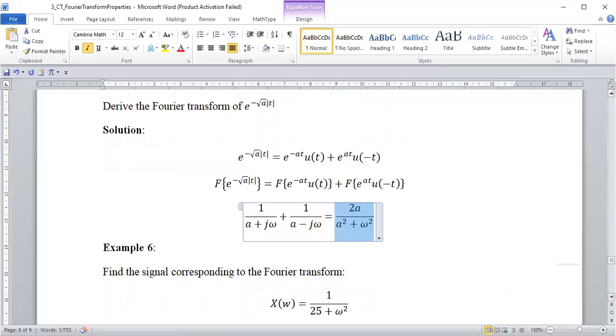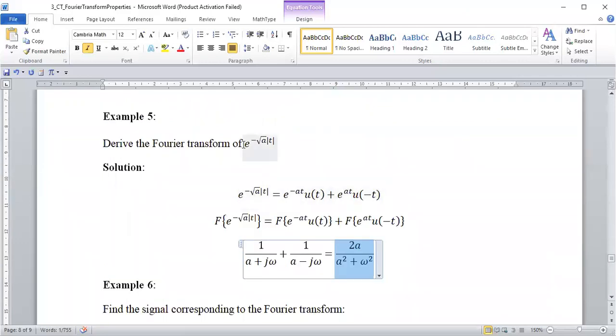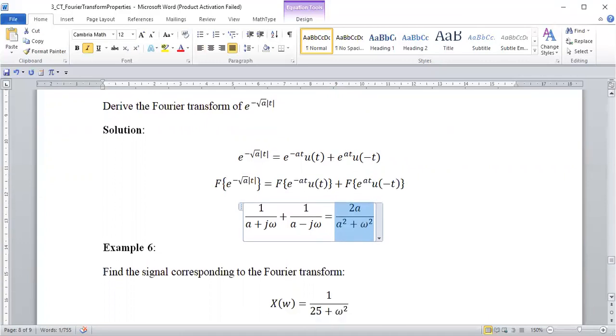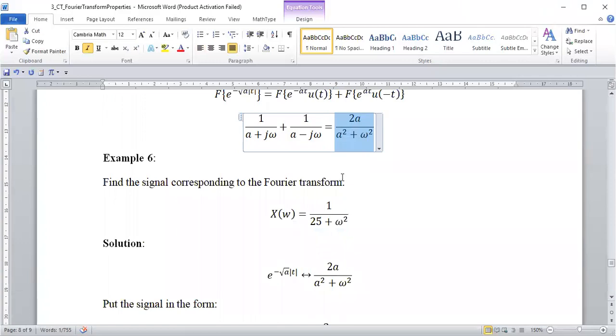So we know that the Fourier transform of a signal of this form is equal to 2a divided by a squared plus omega squared. Now, this question stems from what we derived here. We're asked to get the signal corresponding to the Fourier transform of this form.